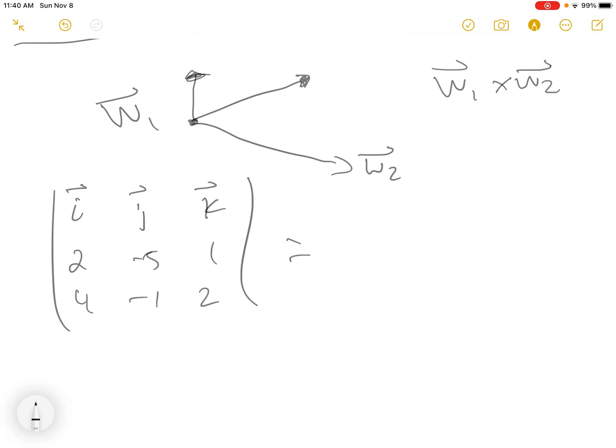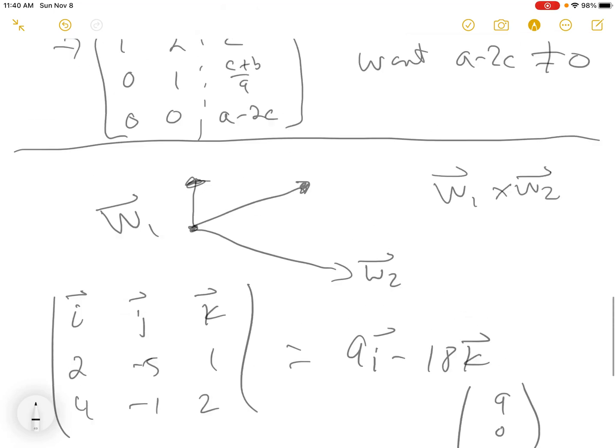Compute this, and I don't know what you get. 9i minus 18k, I think. And so now you have the vector 9, 0, minus 18, something like that. Anyways, you can do that.